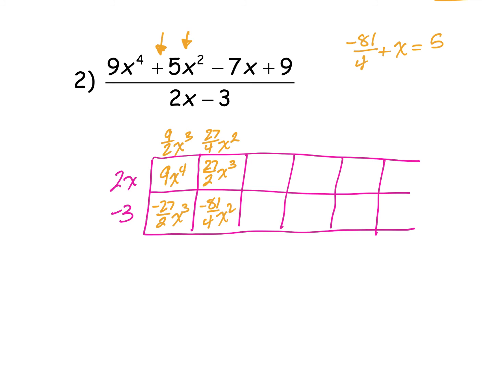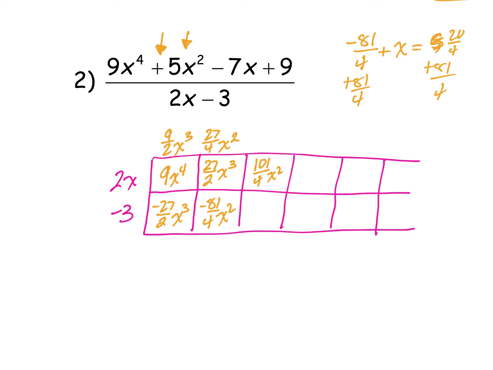So this is my equation: this number plus this number equals 5. If I add 81 fourths, and 5 I can write as 20 fourths, what is the answer going to be? 101 fourths. Does that make sense? Are you guys okay with that?